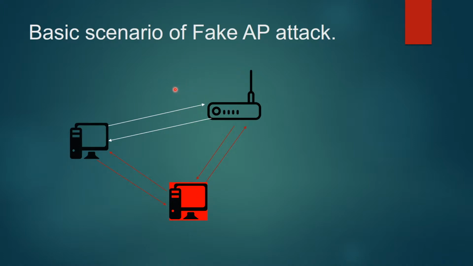We leave the users no chance except connecting to us. They're going to see the exact same network with the exact same name without a password, and most users will think the password is saved and connect here.